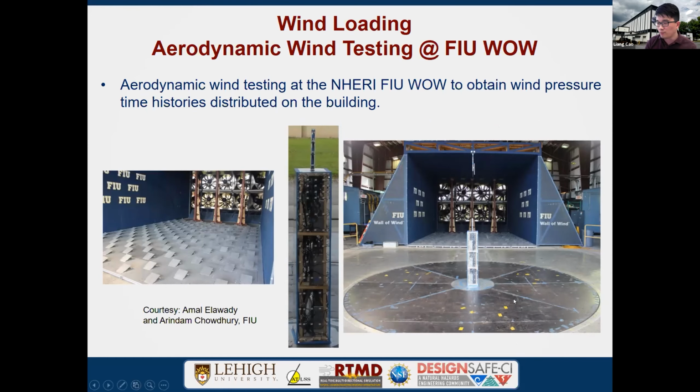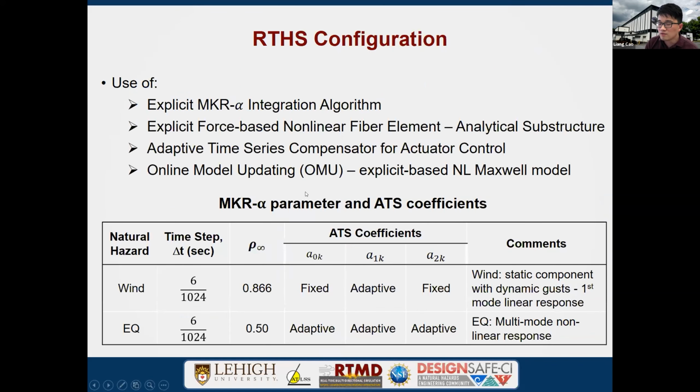Here, we built a rigid model of these buildings and put pressure taps on it, and we obtained the wind pressures. We convert this wind pressure to wind force as a predefined time-history wind force on the buildings. We use the explicit MKR-alpha integration algorithm, force-based fiber elements, ATS control for actuators, and online model updating.